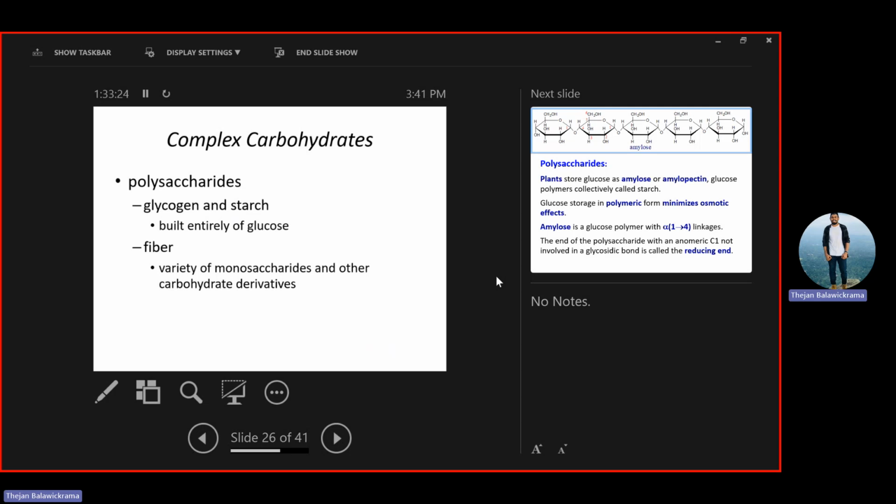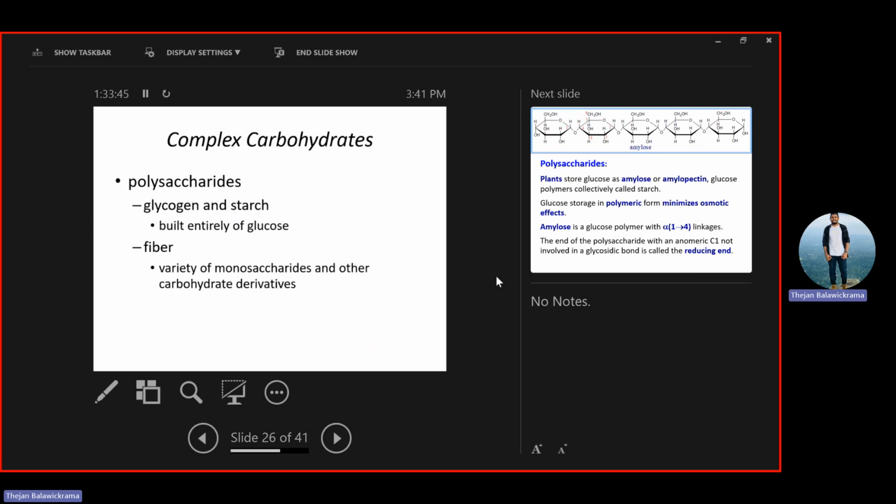There are two main ones, glycogen and starch. Glycogen is found in animals like us. Starch is found in plants. Remember, both of them are completely formed from glucose.